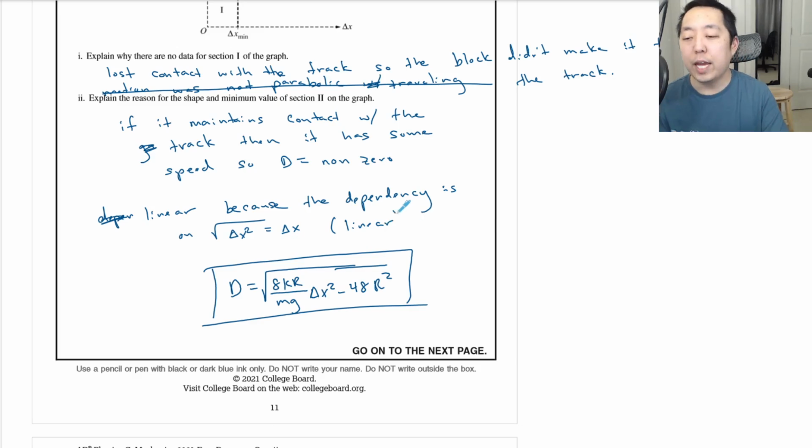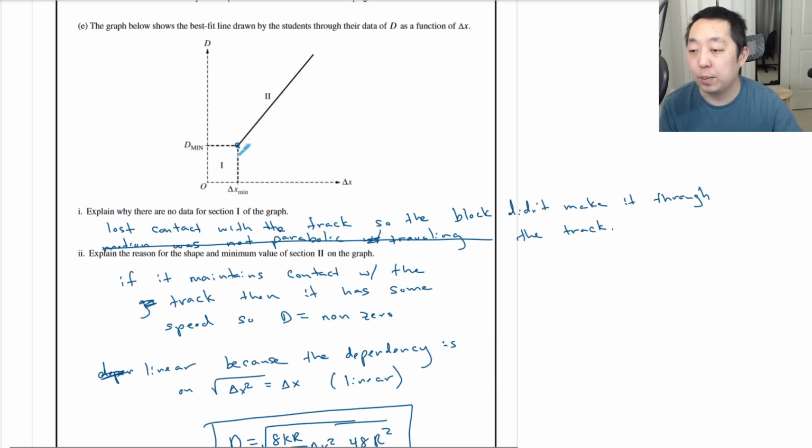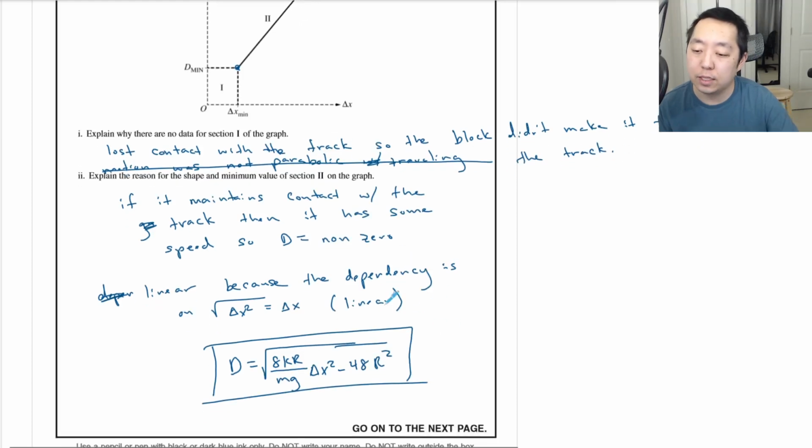In reality, if you were to graph this, it wouldn't quite be linear. Especially in the beginning part, it would probably be a little nonlinear. But as delta x gets much larger than this quantity, it starts vanishing away, so it will approach a linear shape.